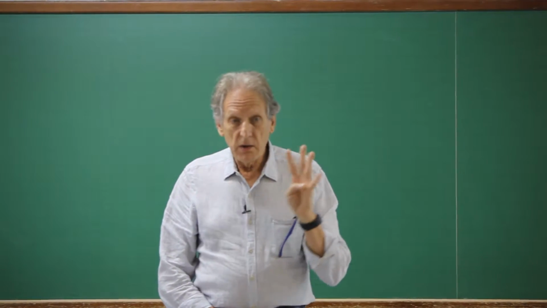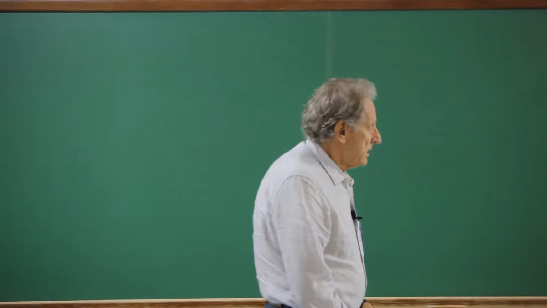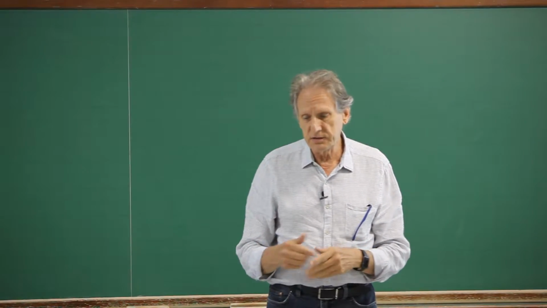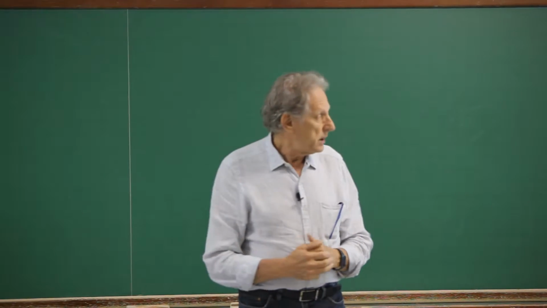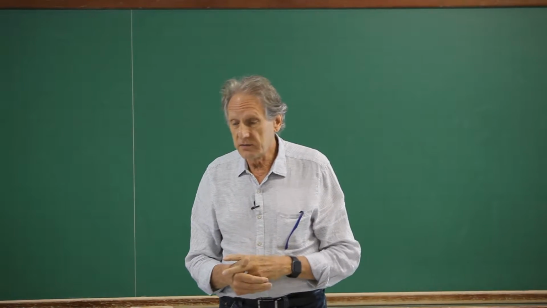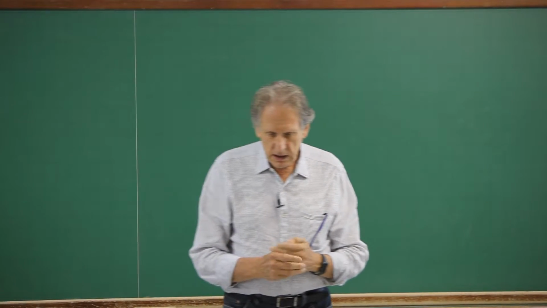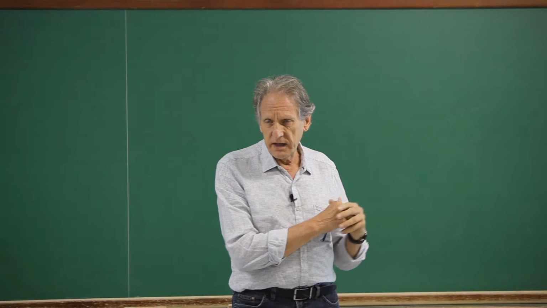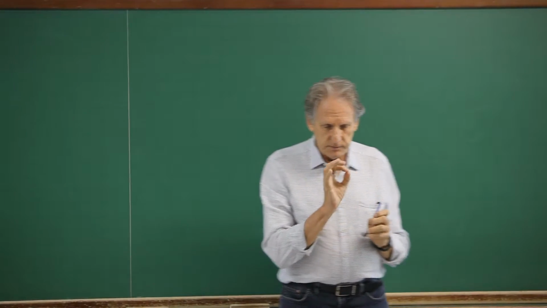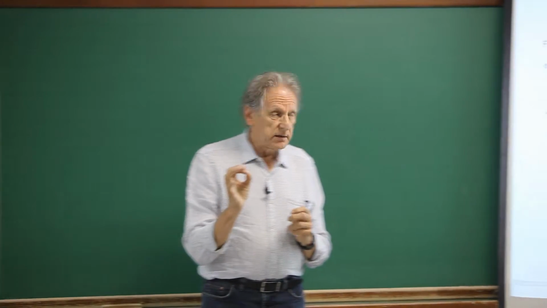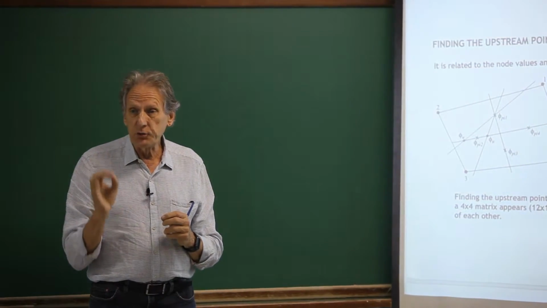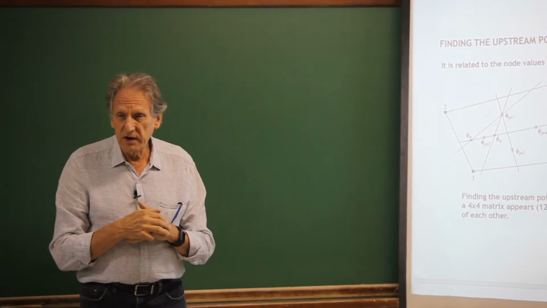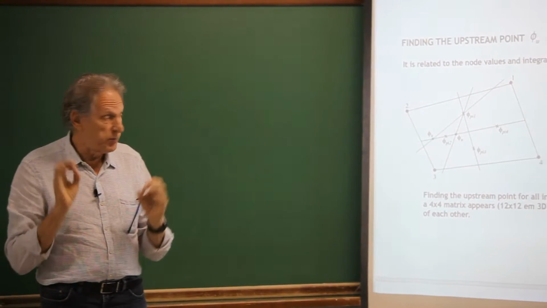We are starting today our fourth lesson in this topic, which is unstructured grids, and especially now the element-based finite volume method. We were at this point in the last lecture, telling that finding the upstream value, which enters in the interpolation function for the advection term, is very important.